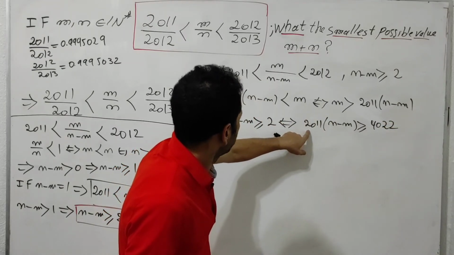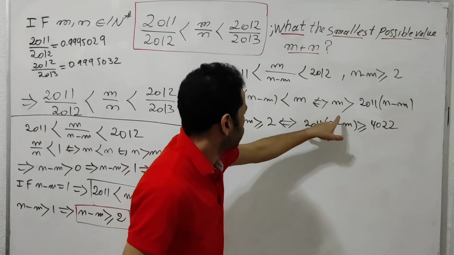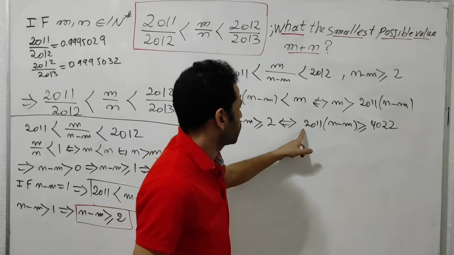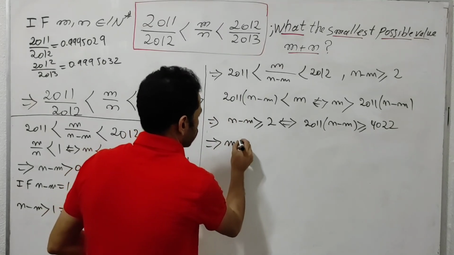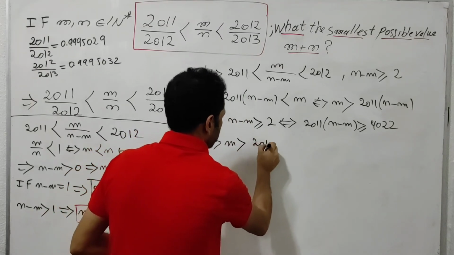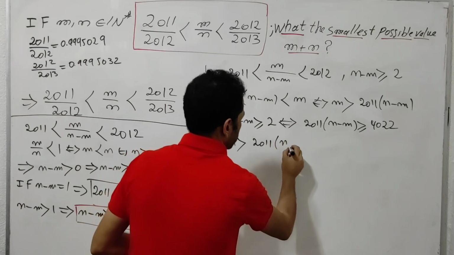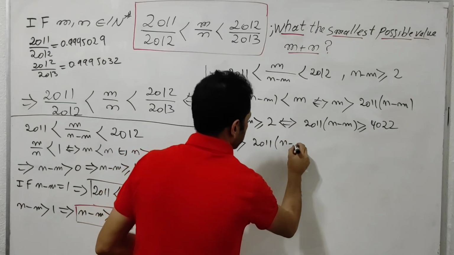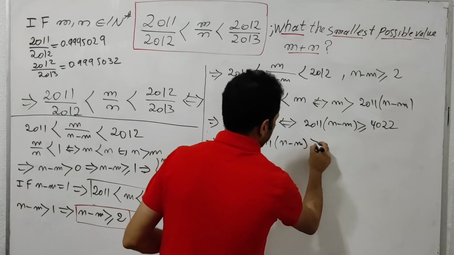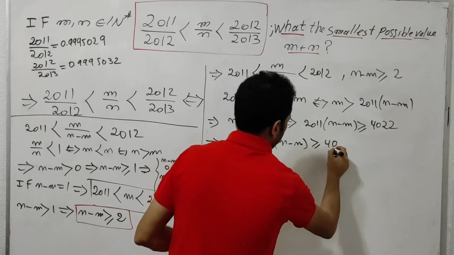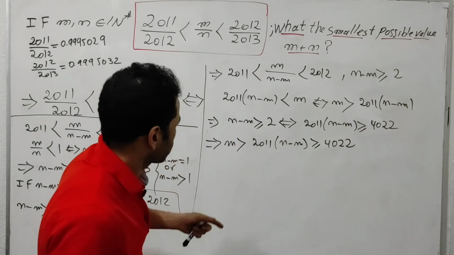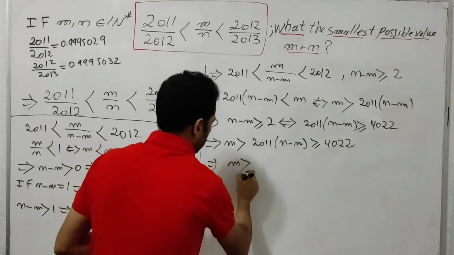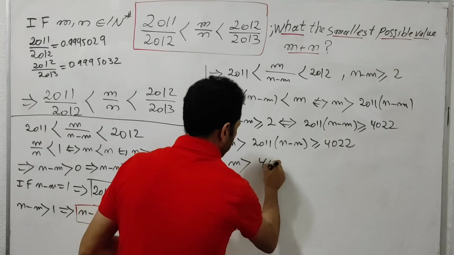So this number, as we mentioned before, m is strictly superior than this number. So m strictly superior than 2011 multiplied by n minus m, which is superior or equal to 4022. Okay, this one m is strictly superior than 4022.